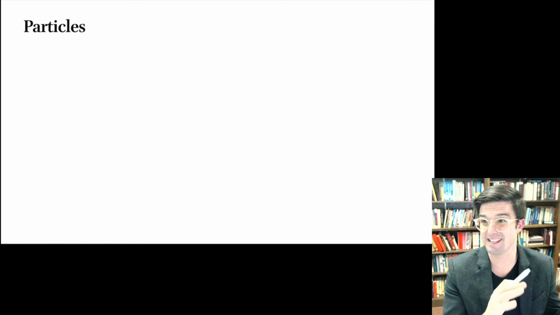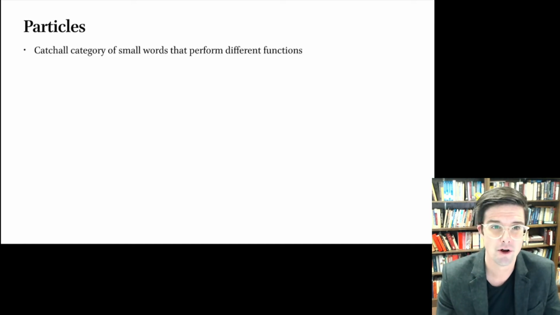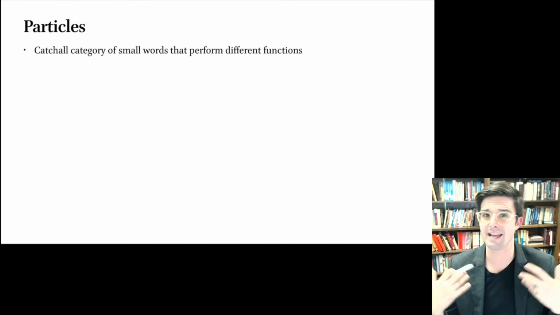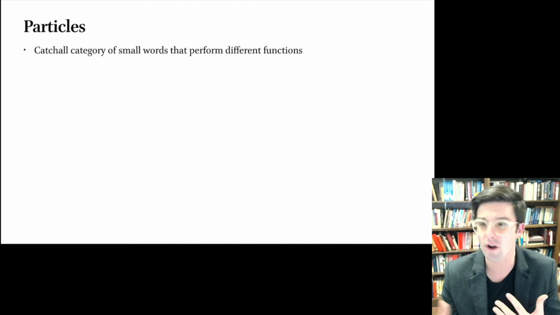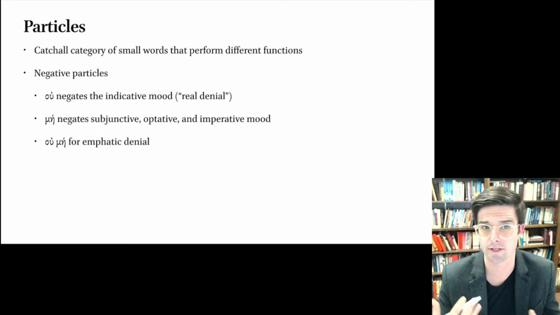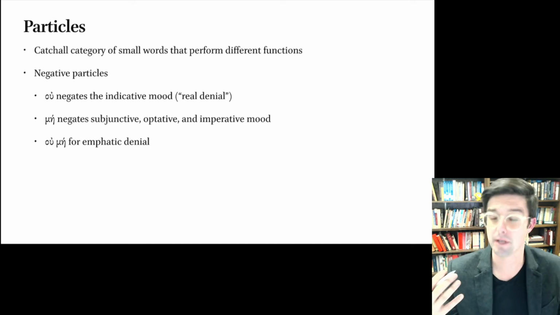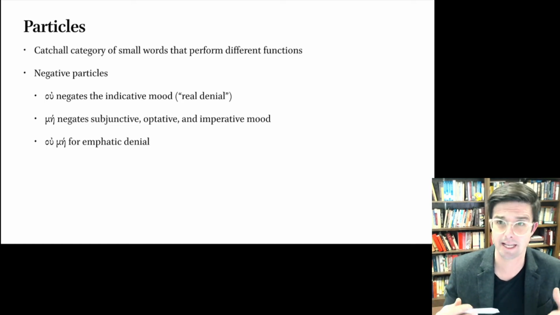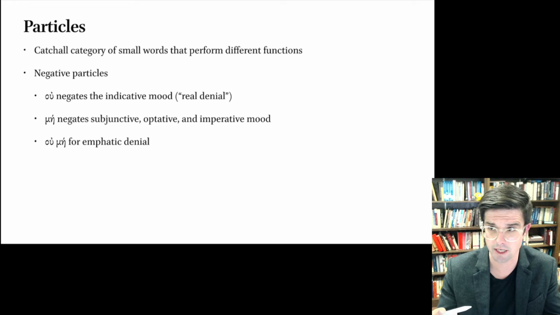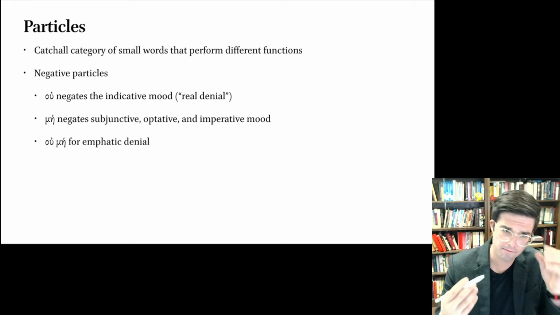Particles are similar to conjunctions insofar as they are very small words, but they're really a catch-all category that have all kinds of different functions. The most common particles are the negative particles. These are the ones that you probably know very well by now, but giving you a little grammatical explanation, which in some cases might be review for you, is helpful.